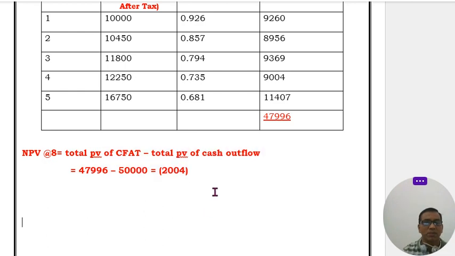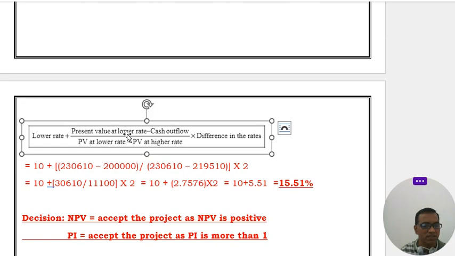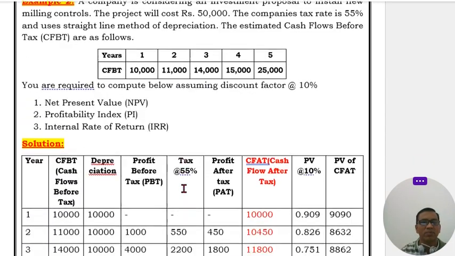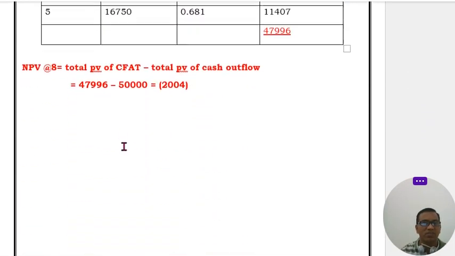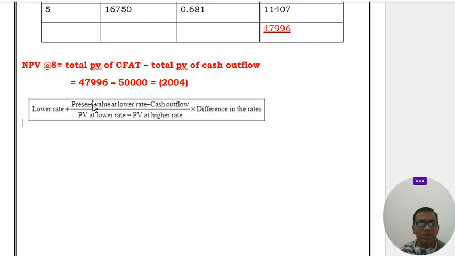We have two NPVs in front of you, one at 10%, one at 8%. You can start the calculation.